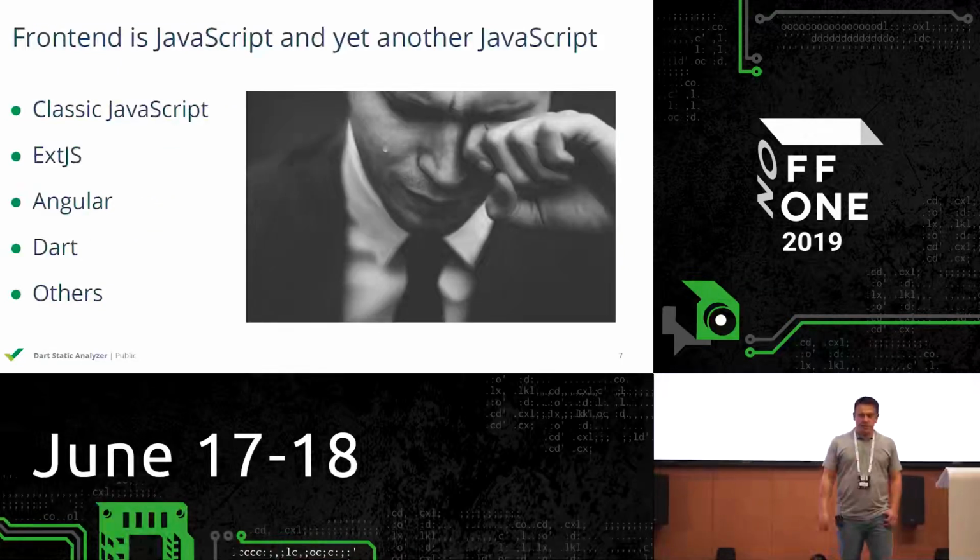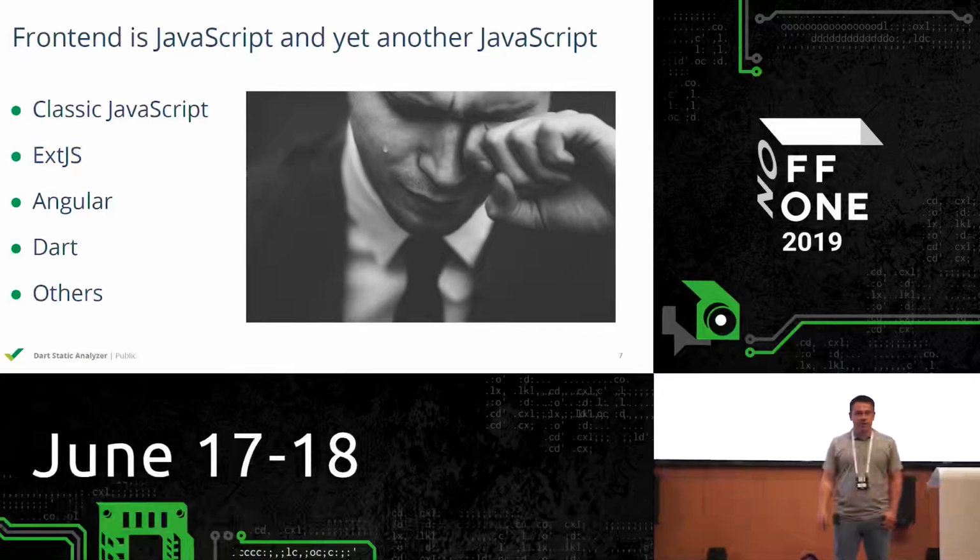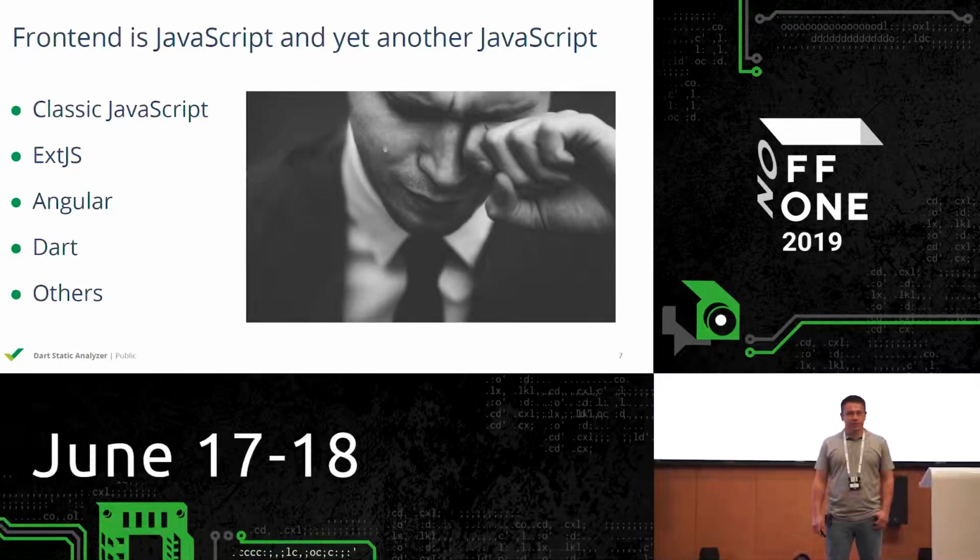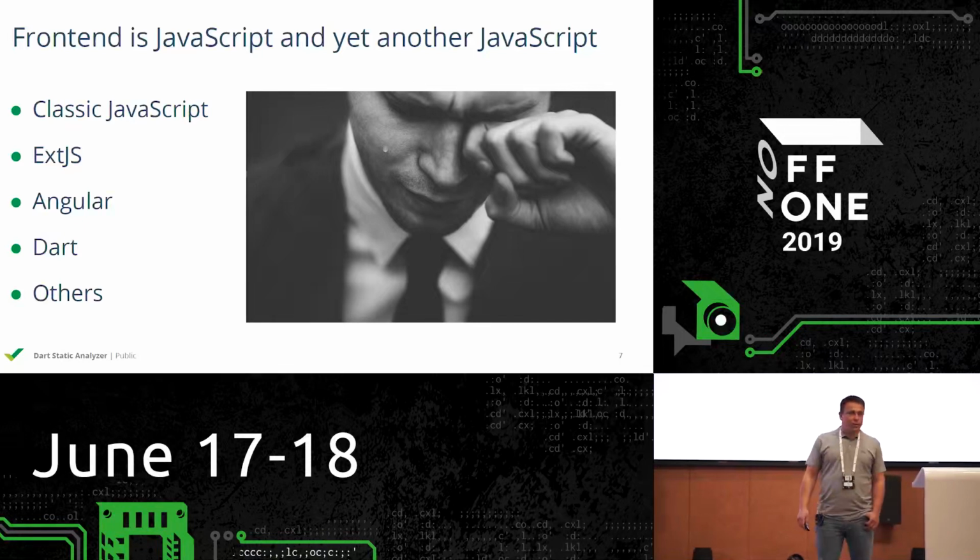Moreover, the front-end part of our application consists of JavaScript and all of its variations: classic JavaScript, TypeScript, Angular, Dart, and many others. We know that with the appearance of a new JavaScript framework, the old one becomes obsolete in a matter of 1 month. This approach is applicable to us because we always want to be at the front line.